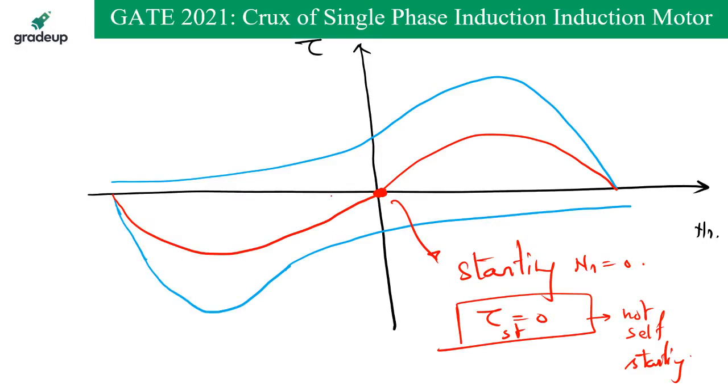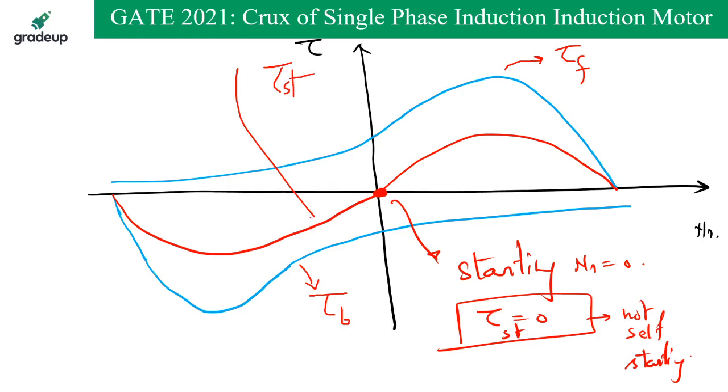You will see that this is going to be the forward torque, this is going to be the backward torque, and this is going to be the starting torque.